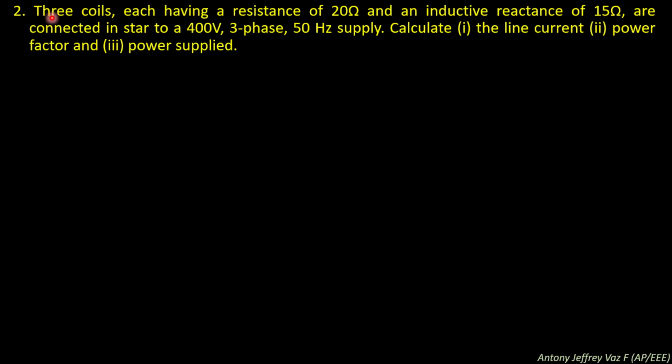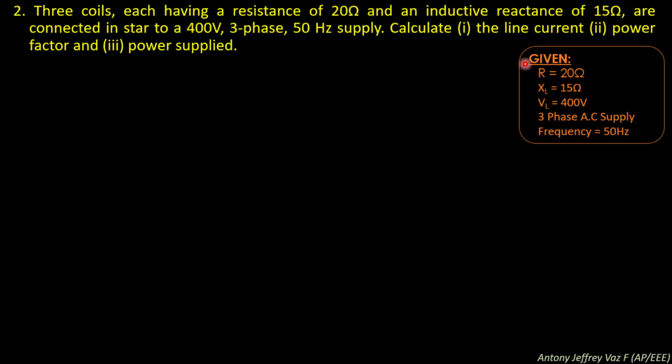Second problem: three coils each having a resistance of 20 ohm and inductive reactance of 15 ohm are connected in star to a 400 volt 3-phase 50 Hz supply. Calculate the line current, power factor and power supplied.